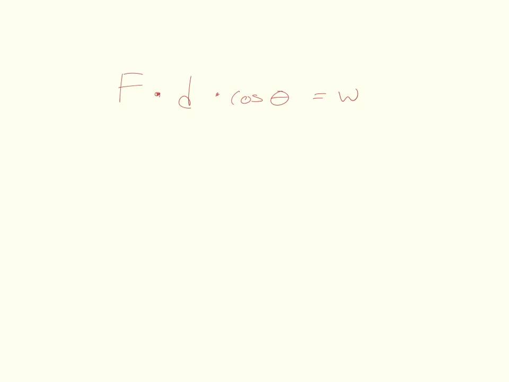Negative work, because they're in opposite directions. Remember, the directional is what matters. If I push an object to the right, and the object is moving to the right, then you're doing positive work. If force and distance are in the same direction, you're doing positive work.